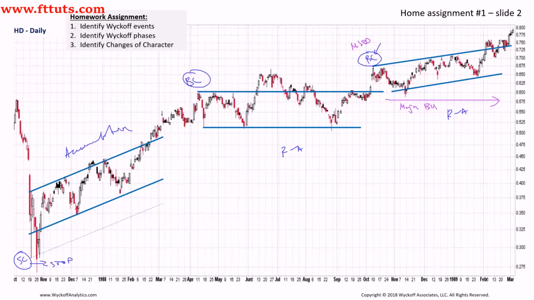and then what would be the first reaction? How would we label this, Philip? This is an automatic reaction. Okay, the next rally. Secondary test. Secondary test concludes our phase A. Okay. Look at the character with which this rally and this reaction move.